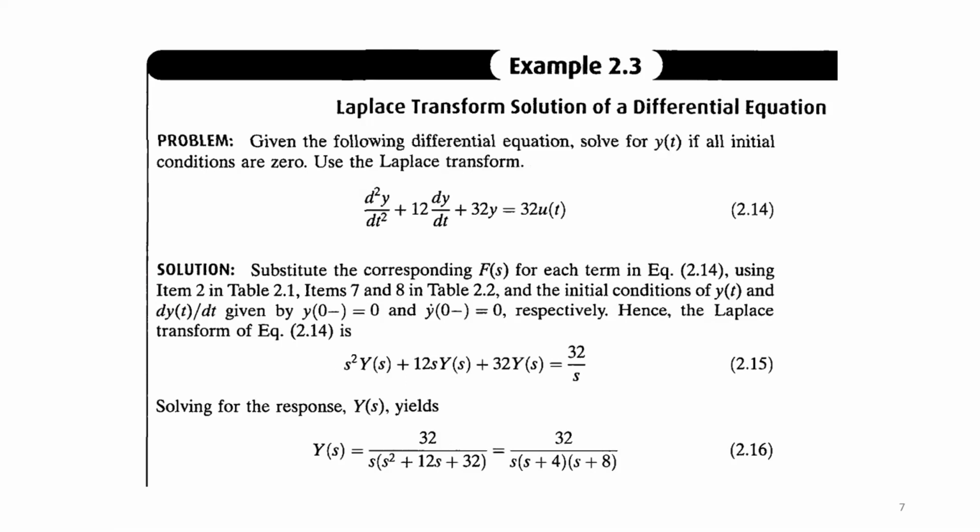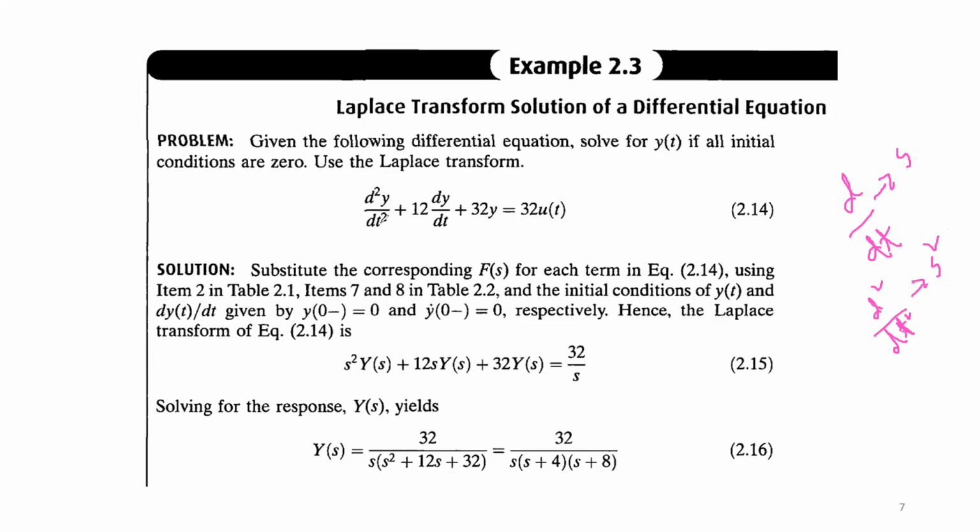Now see very carefully, guys. d/dt you can represent by s, small s. If you have d squared by dt squared, then you can write s squared. So if you convert it to the s domain, you can write it like this.